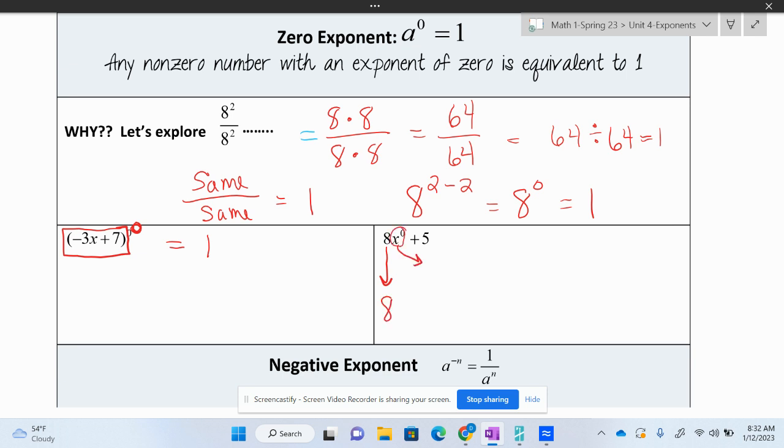This turns into a 1. So I really have 8 times 1 plus 5. So what is 8 times 1? 8 plus 5, which equals 13.